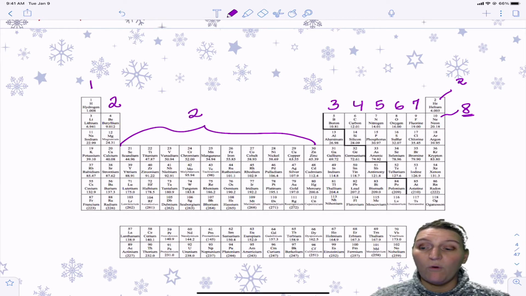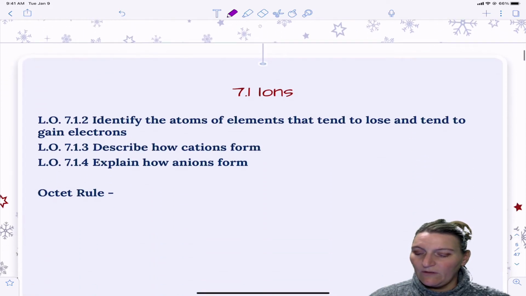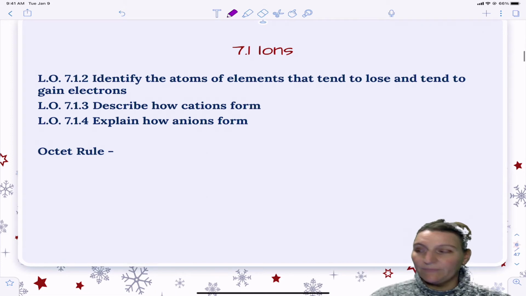It becomes less important because, as we will see, they form ions a little differently than other elements. One of the things we talked about in the periodic tables chapter was that metals tend to lose electrons to become stable and nonmetals tend to gain, and we will see that on the next slide here.